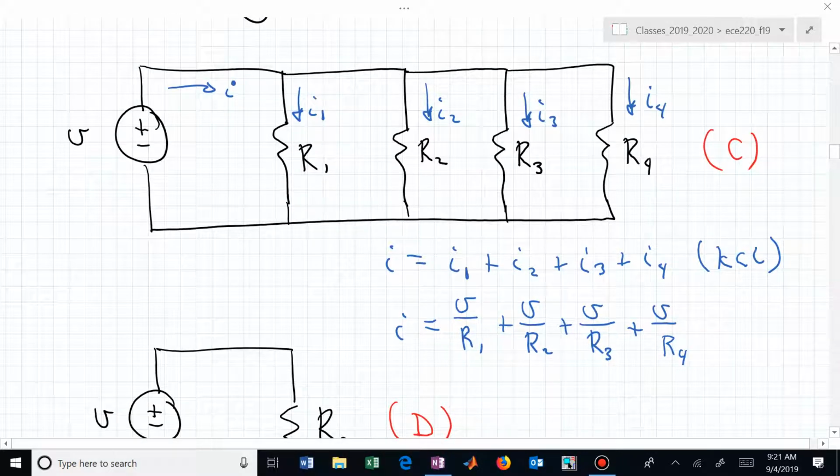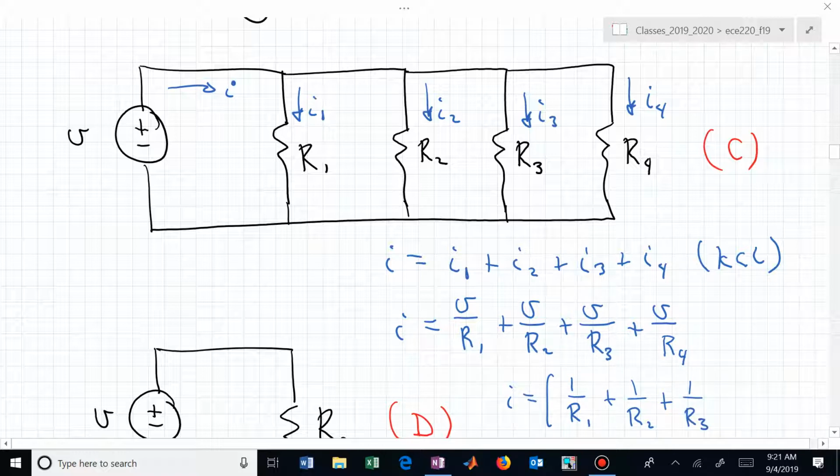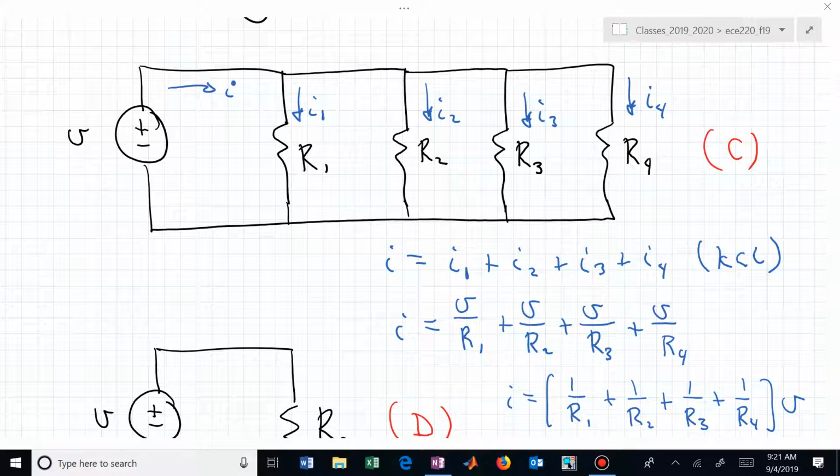Or we can factor the voltage out, and we now just have this sum of reciprocals of those parallel resistors times the voltage source, giving us I.